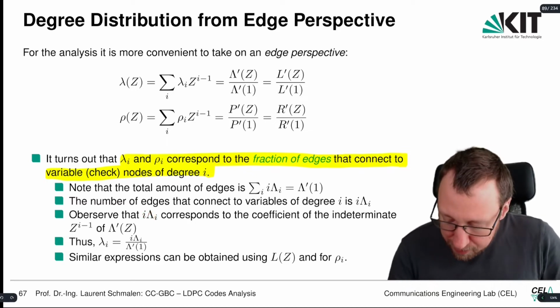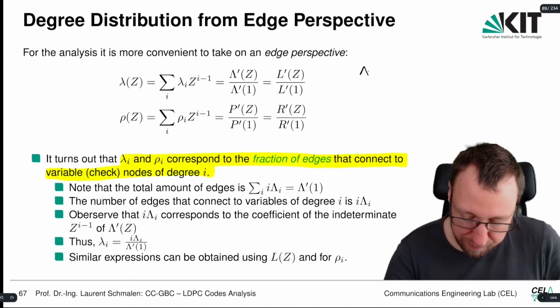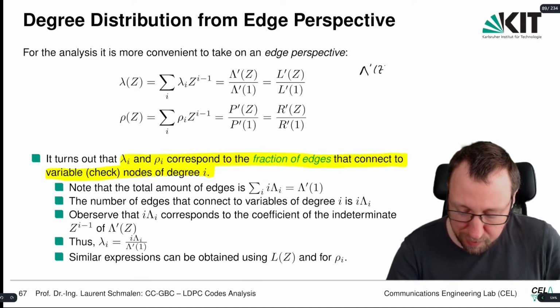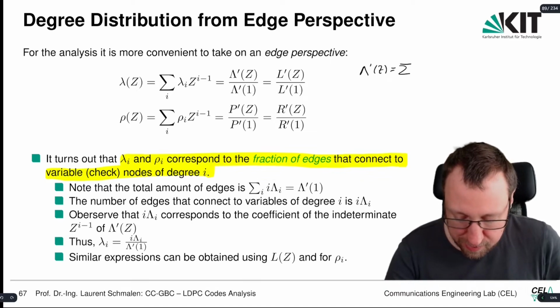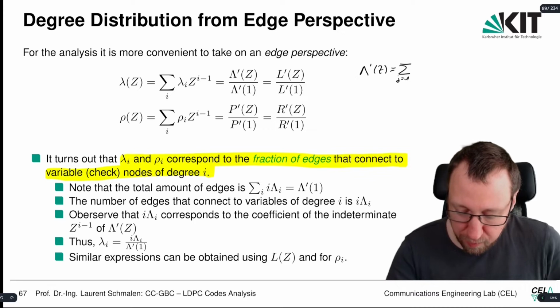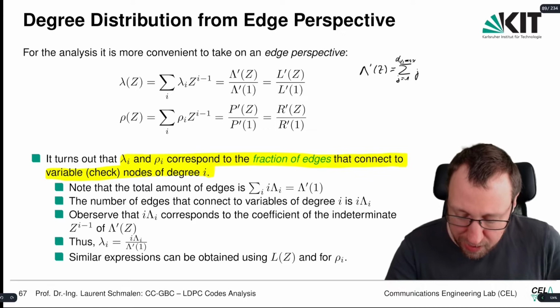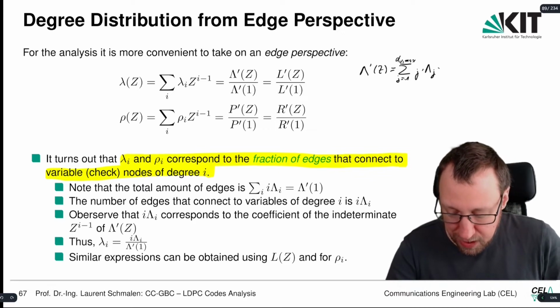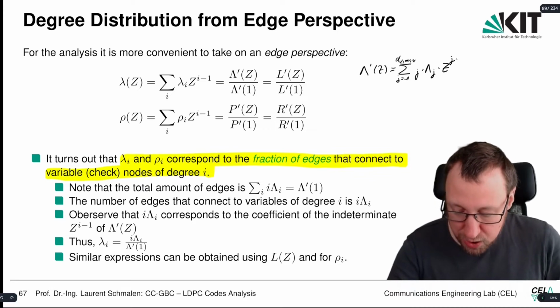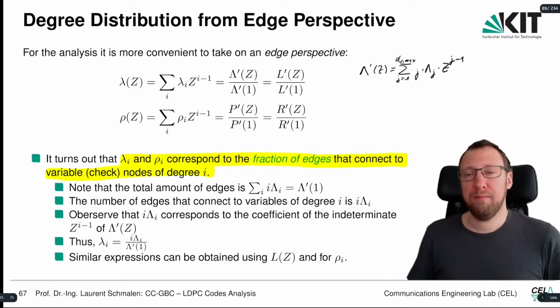We take the derivative of lambda. So lambda prime of z is again the sum over j from 1 to dv max of j times capital lambda j times z to the power j minus 1.